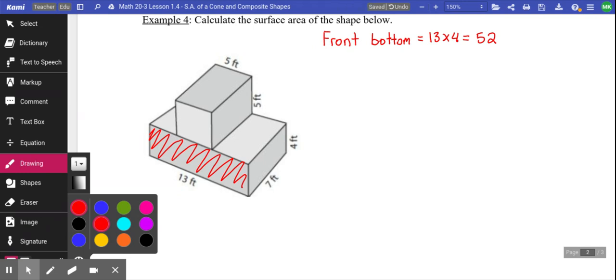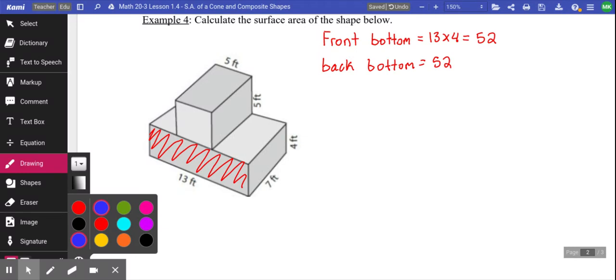Then I'm also going to do the back of the bottom because I know it's the exact same. If I picture this back bottom part, it would be the exact same shape as the front. And you guys are getting really good at being able to identify that stuff.